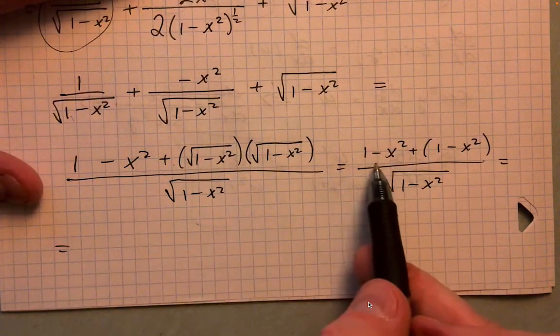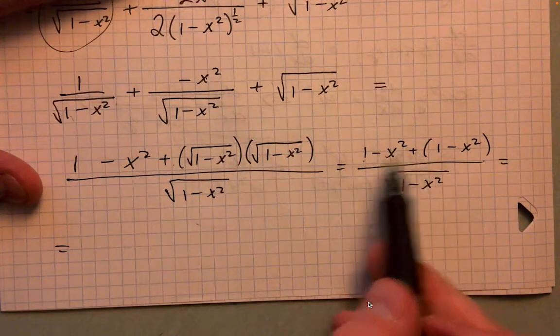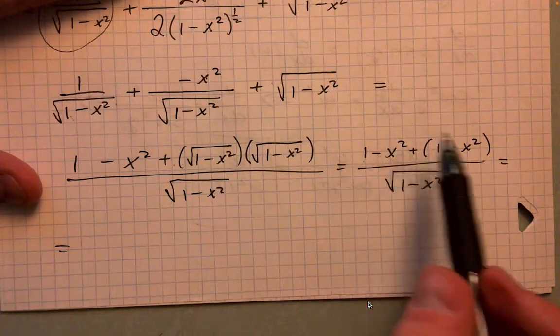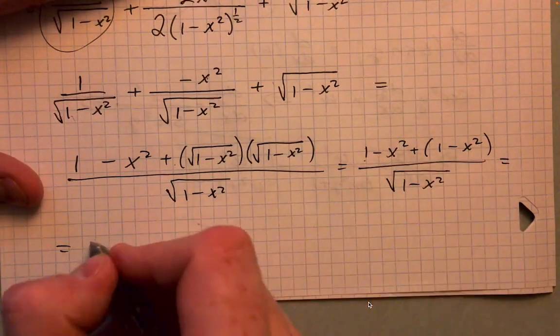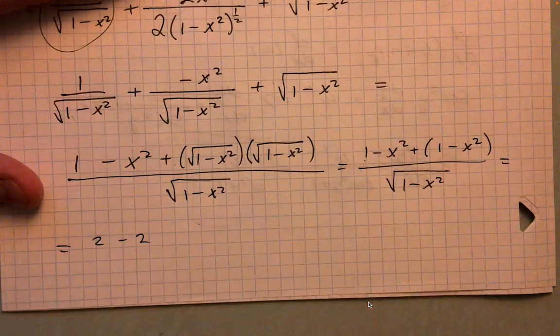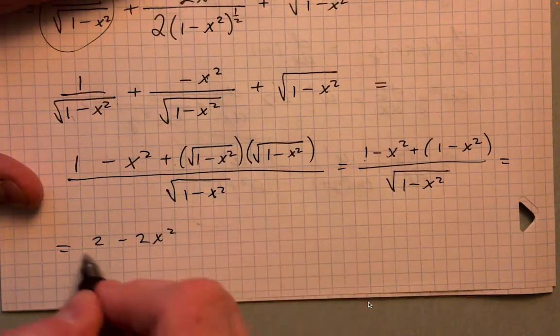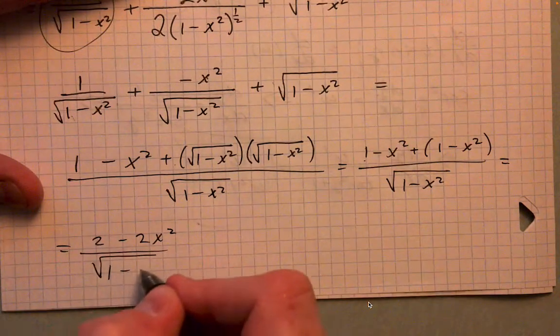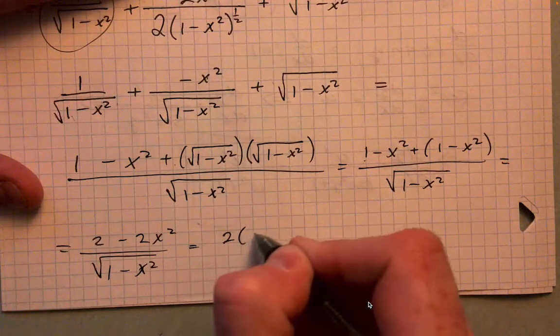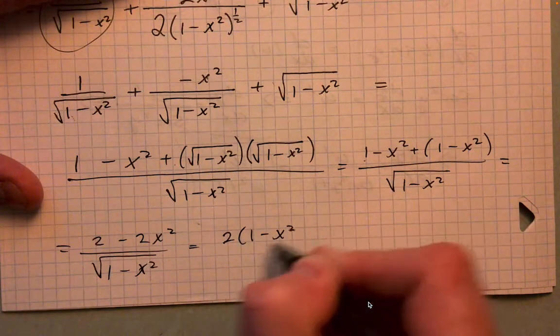And what do I get here? I think I would get 2 minus 2x squared over the square root of 1 minus x squared. And technically I would write 2, and then that would be 1 minus x squared.